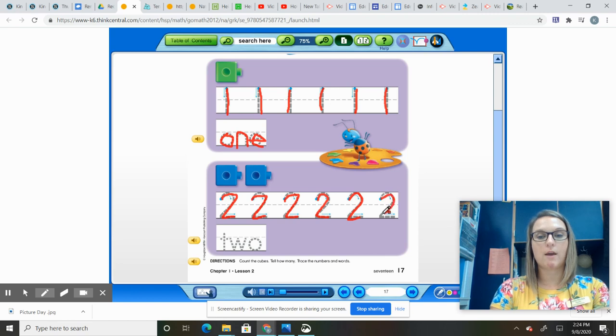And then for the number word 2, you're going to trace T, W, O, and that spells 2. So you should have that all complete on your page. I'm going to go ahead and erase it because we're going to move on to the next page.